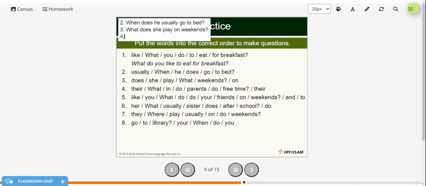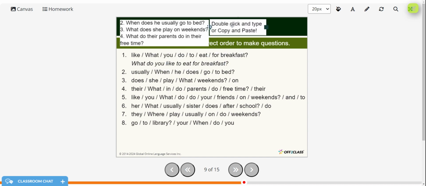Okay, number 4. What in do parents do free time there? So the correct order would be what do their parents do in their free time? Okay, number 5.